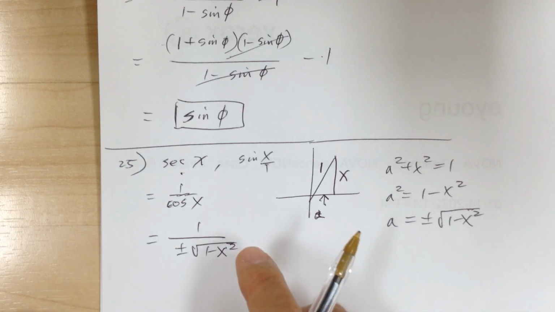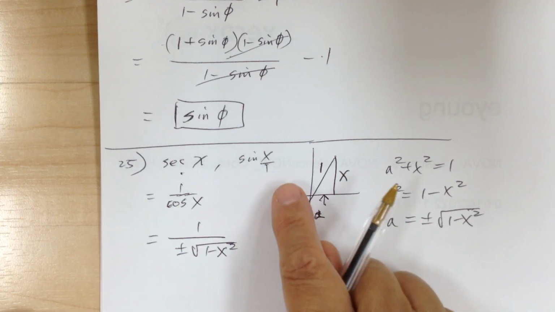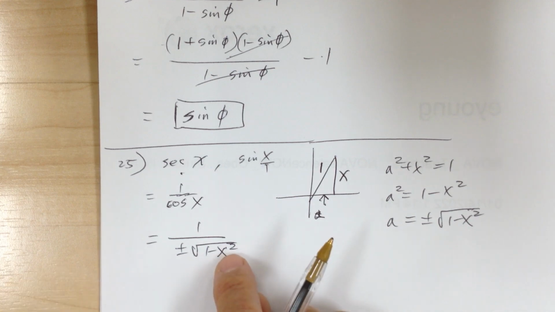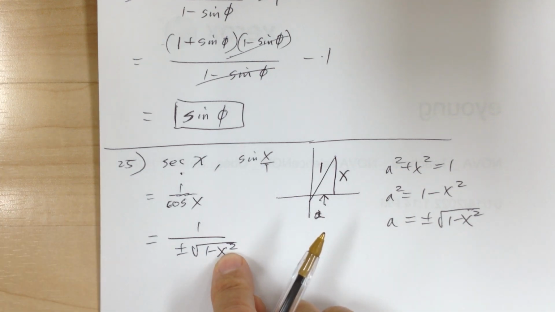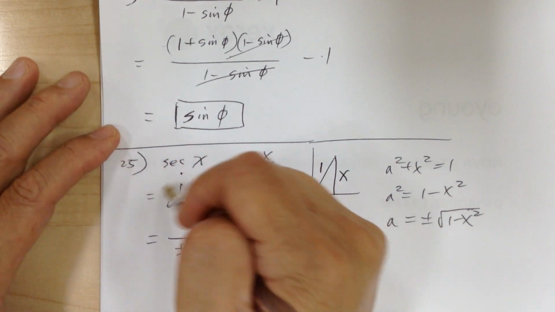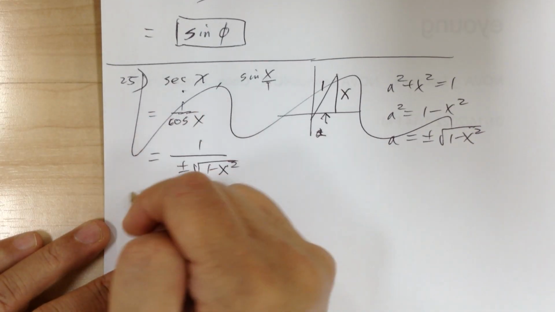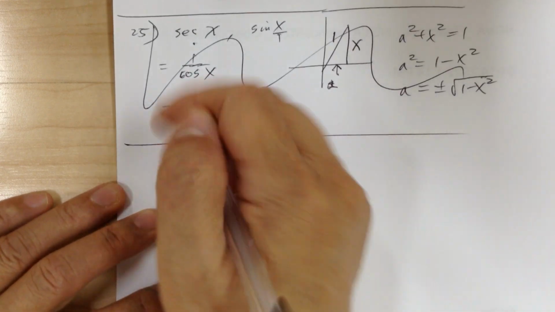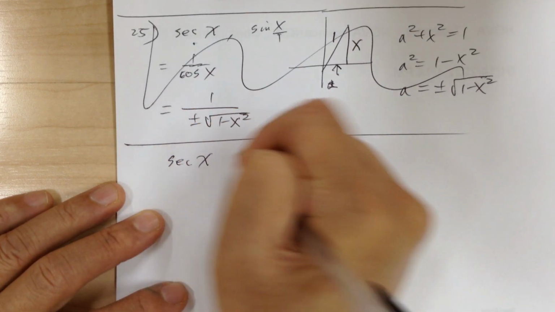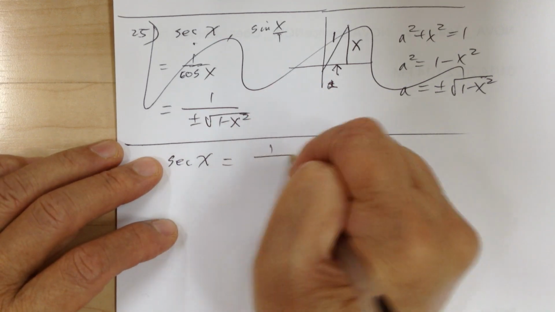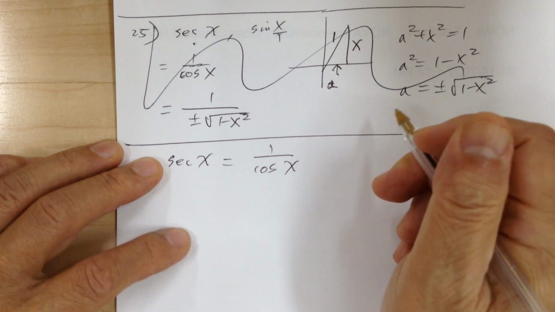Okay, let's do this. You have to use an identity. So this is one answer, but this is not the answer they want in the book. So you're looking for secant of x in terms of sine. Secant of x equal to 1 over cosine x, right?